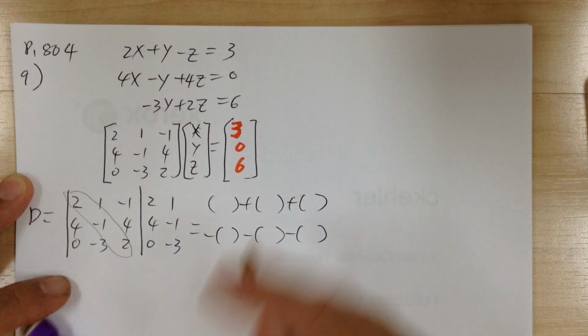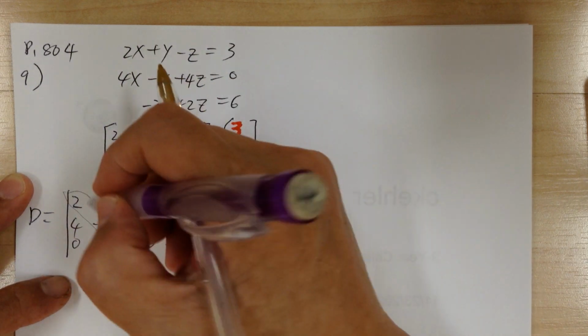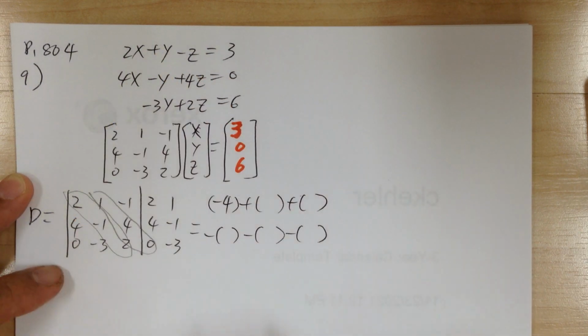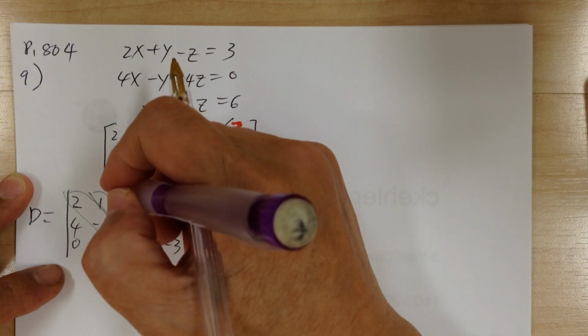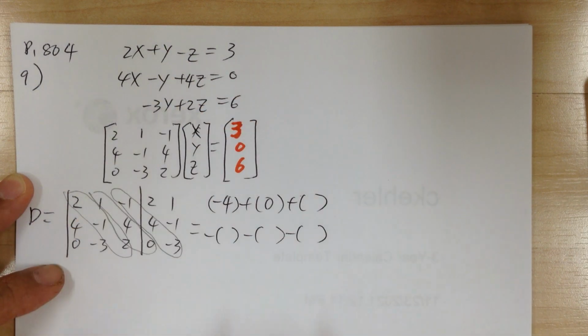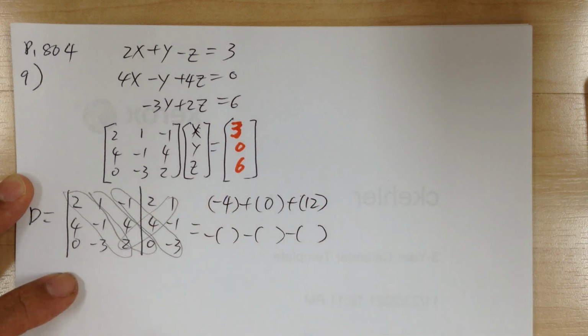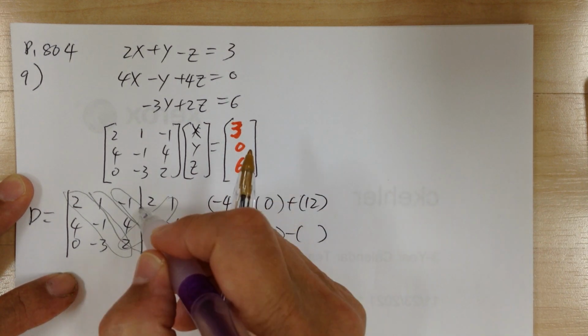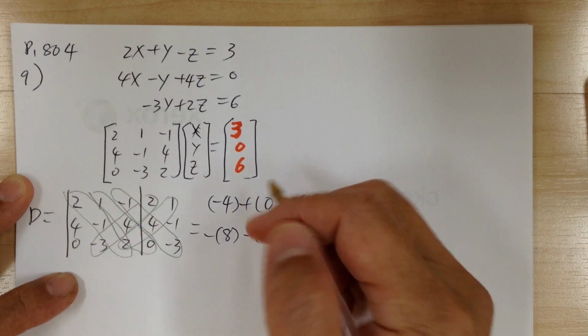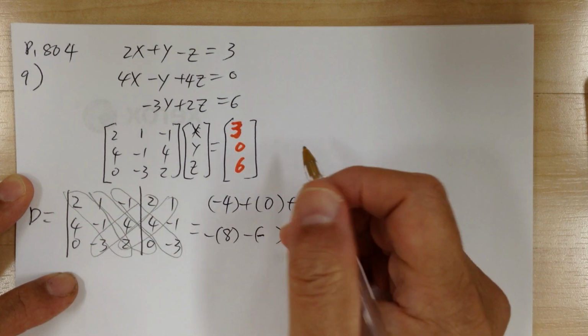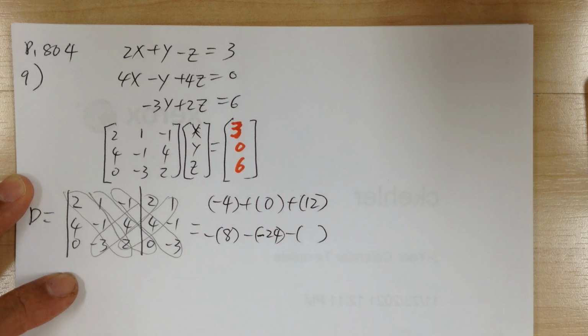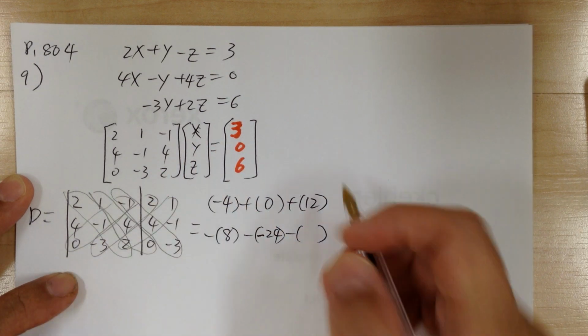So this diagonal would be equal to negative 4. This diagonal would be equal to 0. The next diagonal would be equal to 12. Okay, the opposite diagonal would be 8. This diagonal would be negative 24, and this will equal to 0.